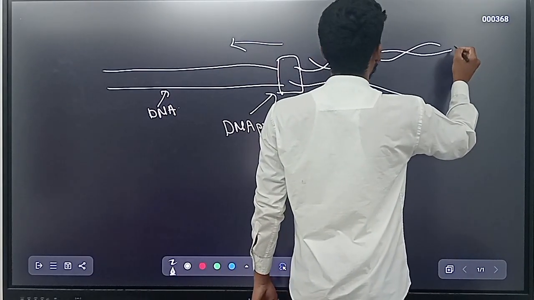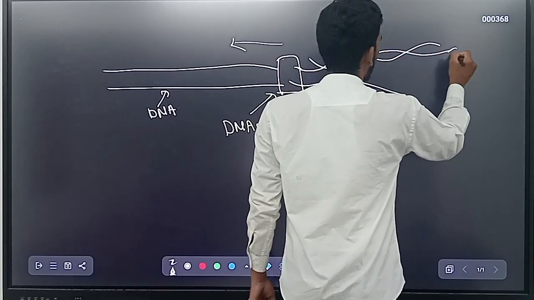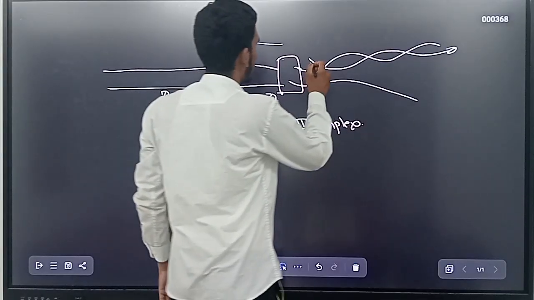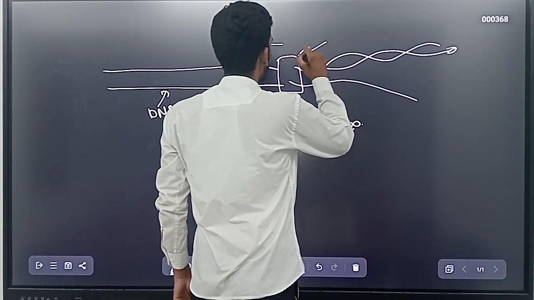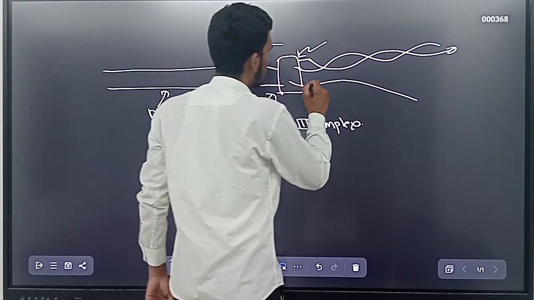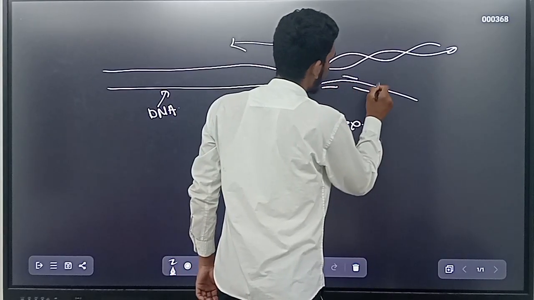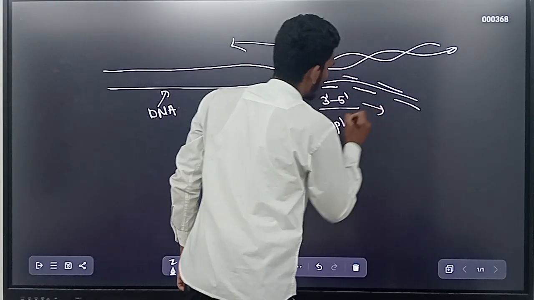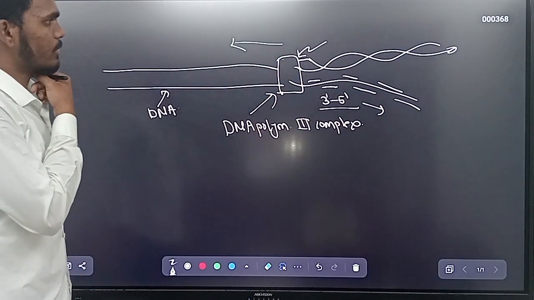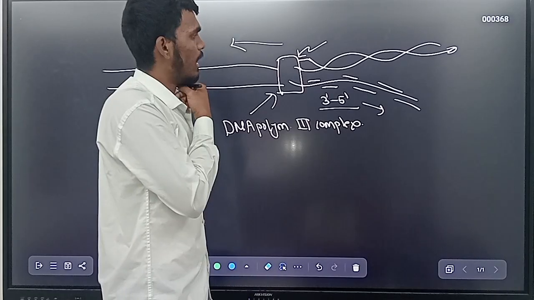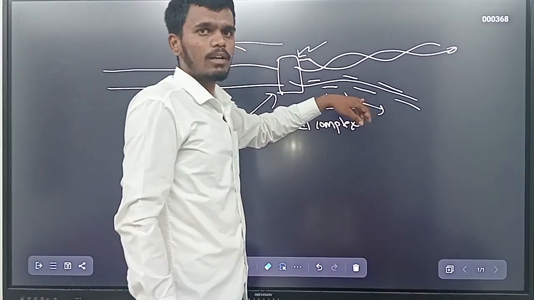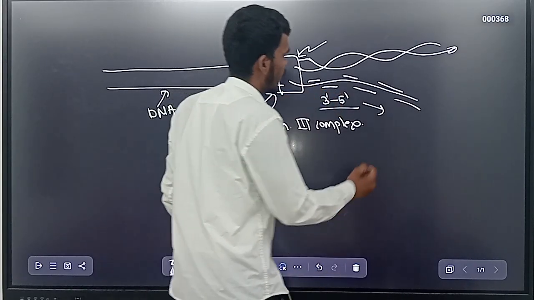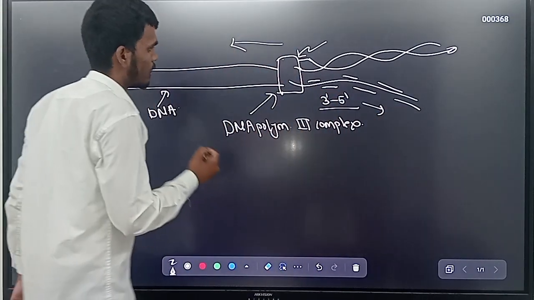So leading strand and lagging strand, how does this go on? This is the DNA polymerase 3 complex. This is the incoming DNA. This is the replication fork going in this direction.